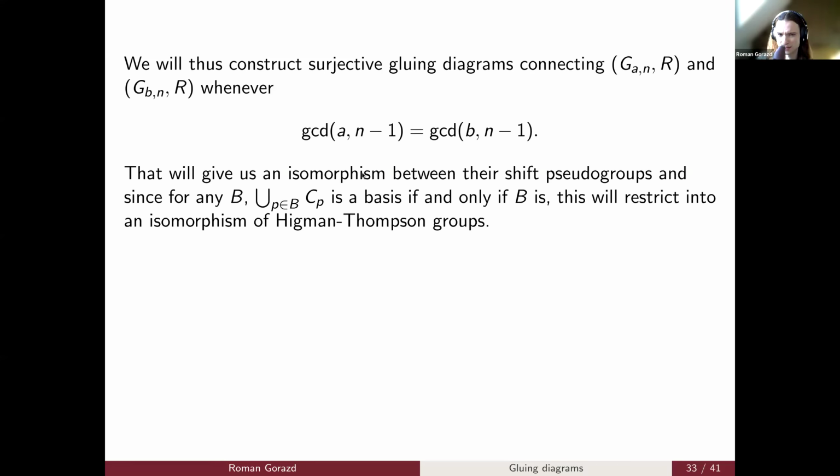And yeah, this will make sense, right? We will have an isomorphism between the shift pseudogroups, and because it's described by gluing diagrams, it will also be an isomorphism between the full groups, i.e. the Higman-Thompson groups.